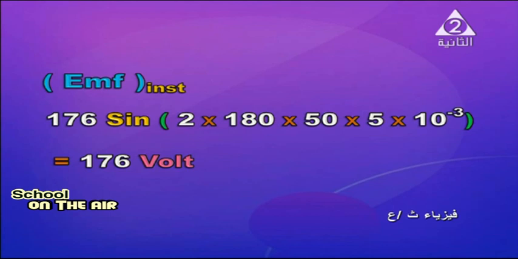Do you remember, 176 is the maximum EMF? And what does this tell you? This is very important. It means the coil is placed in the horizontal position, where the magnetic field lines are parallel to the plane of the coil. How did you know? Because we've got the maximum EMF, which is 176.